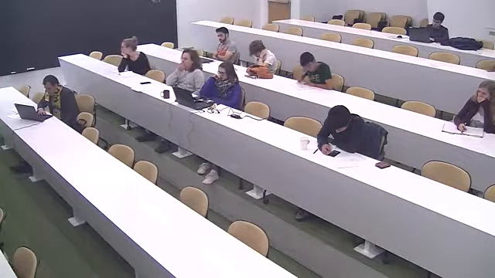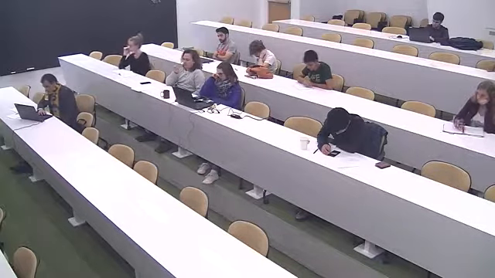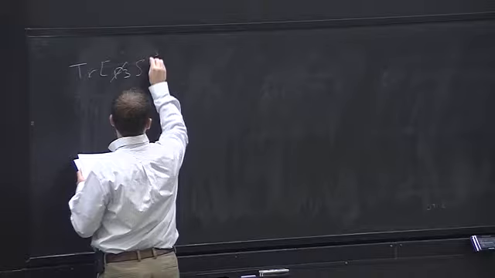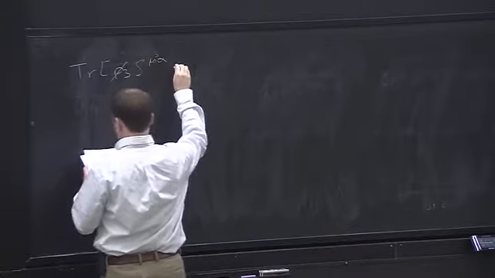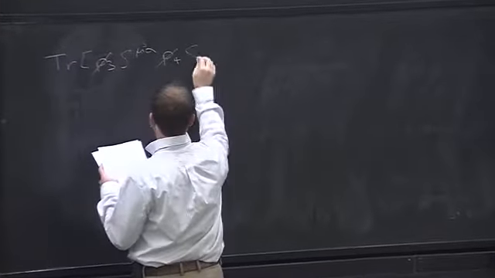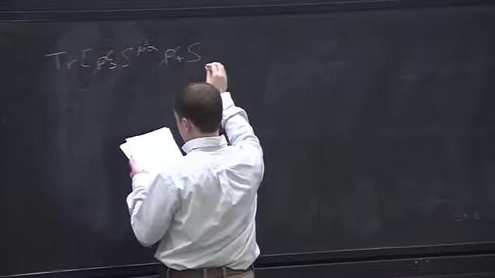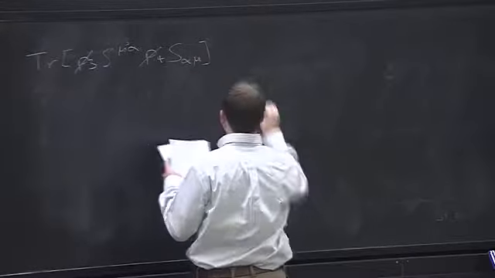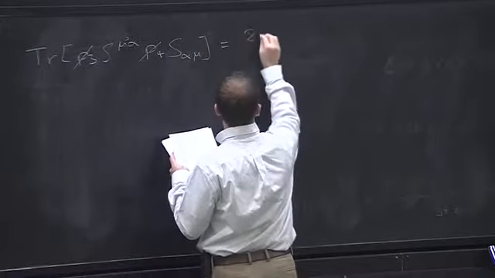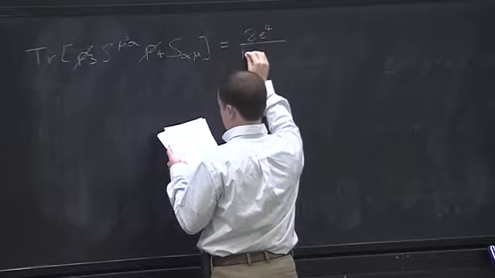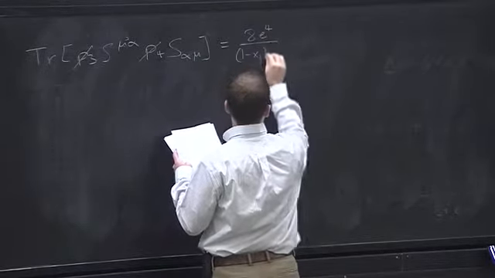The trace is not so bad to calculate if we use the Ward identity. It's harder without using that. It gives us this expression.